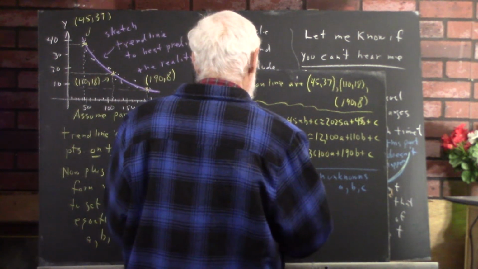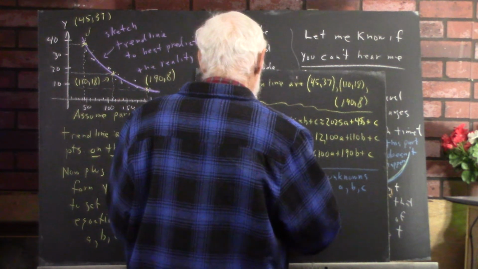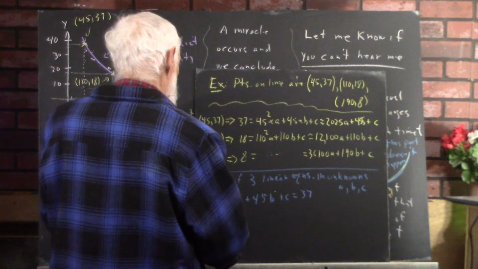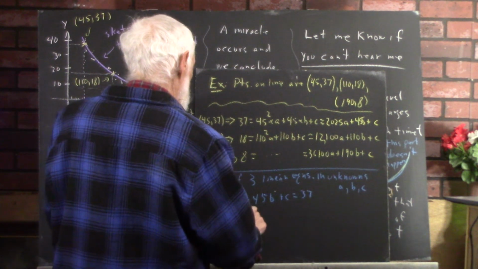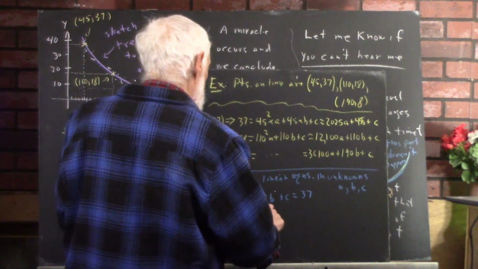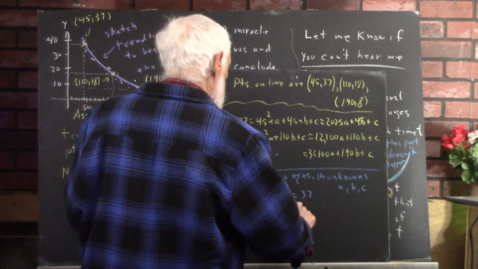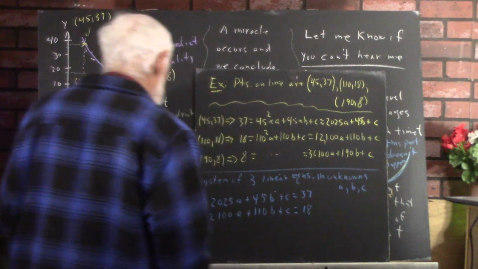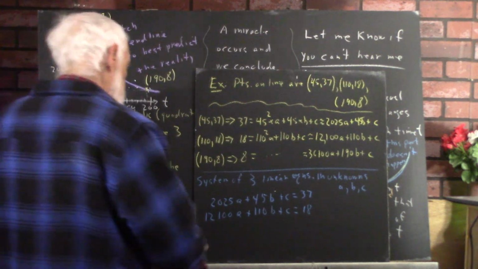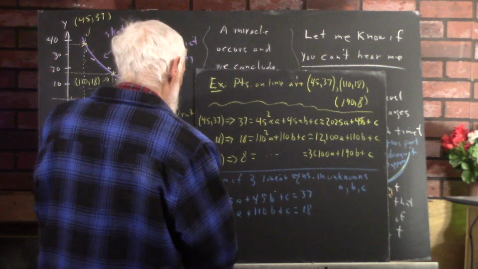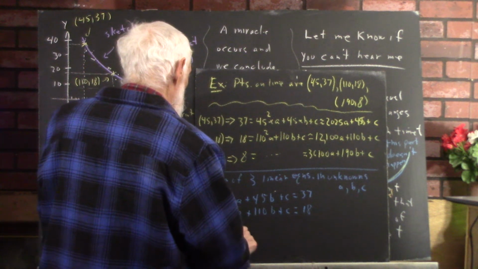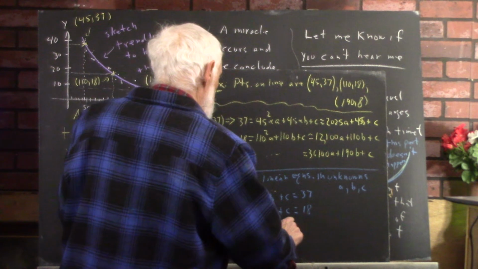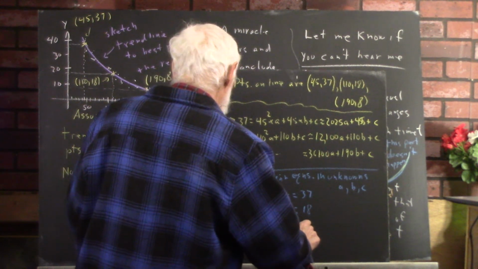Plus C equals 37. 12,100A plus 110B plus C equals 18. And 36,100A plus 190B plus C equals 8.